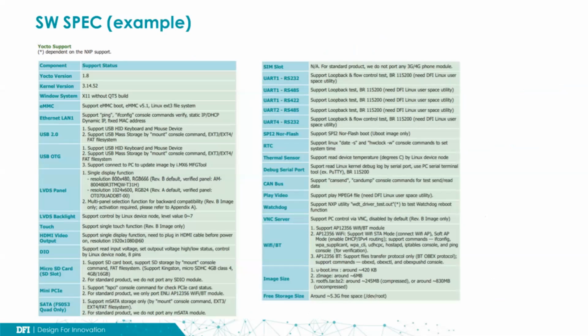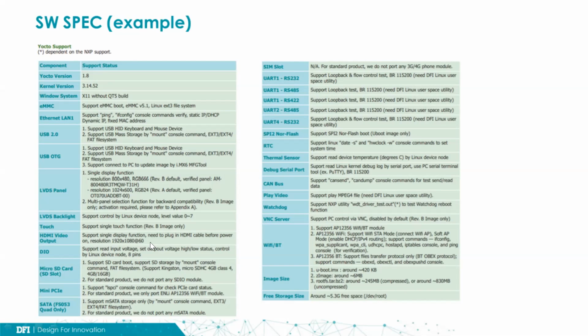On every DFI standard product, we will have the software spec in our manual on the appendix page. From this example, you can see we will show you what Yocto version, Linux kernel version, and what kind of verified devices we tested. It's a model name like the panel model or the Wi-Fi test model.